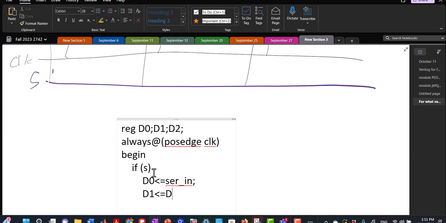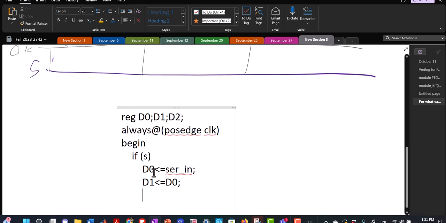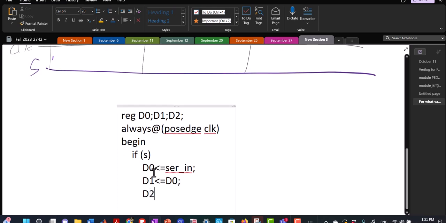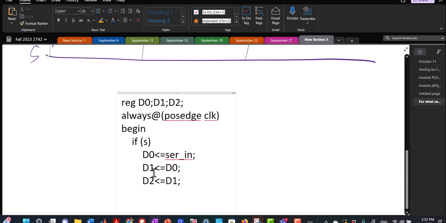becomes equal to D0. Now see why it is very important that I use non-blocking here, because otherwise D1 would become serial in, and I need D1 to be what D0 was. D2 becomes D1, and serial out.